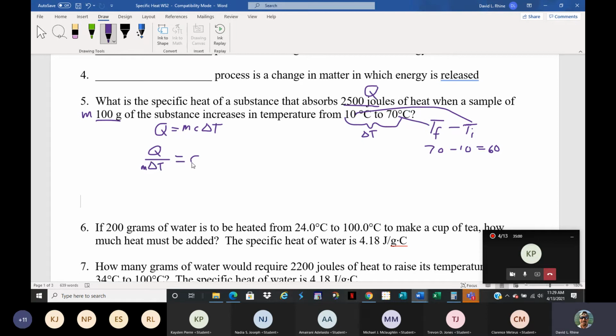So that's all you do for these. Okay, what's M? 100? And delta T is 60.